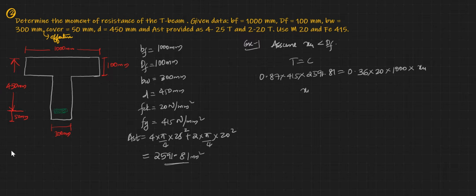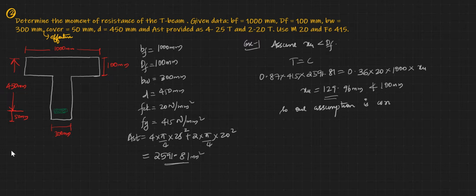From here you'll get the value for XU as 129.96 mm. But this is not less than DF. The DF value given is 100 mm, which means our assumption is wrong.